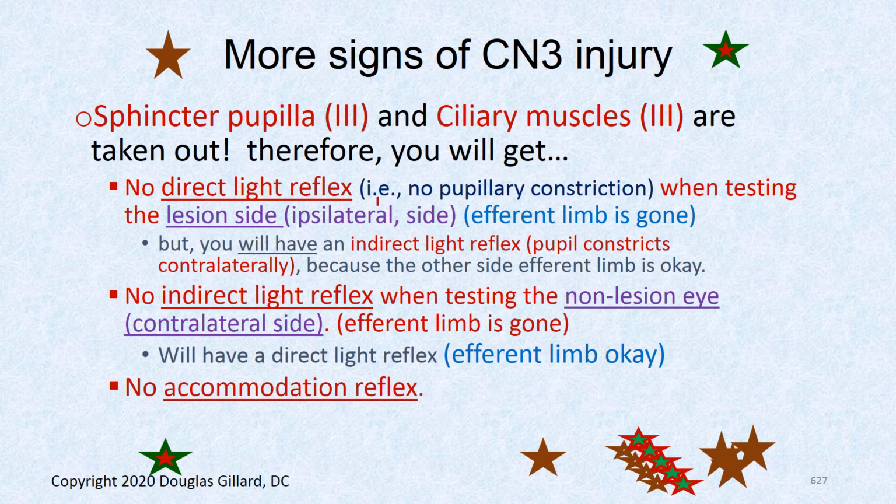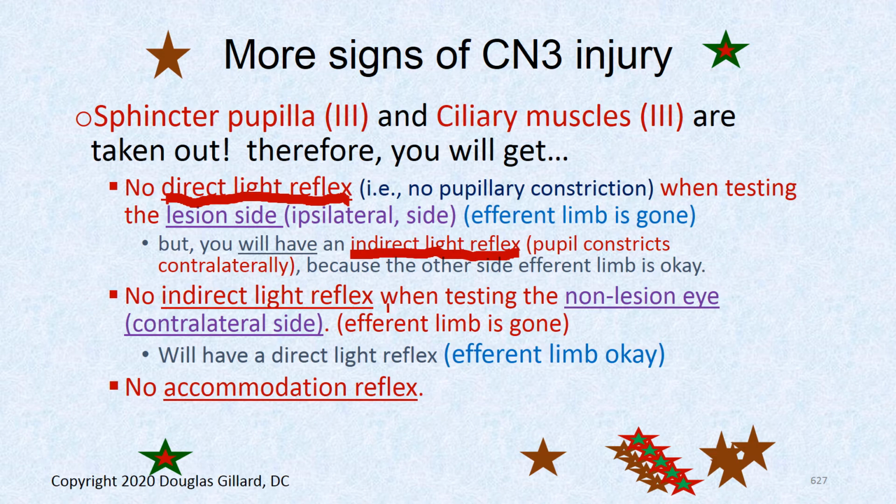However, what about the other side? The other side will be fine, right? The contralateral side will be fine. So you'll have an indirect light reflex. Right? So your left eye will be functioning okay with regard to the indirect light reflex, but you'll have no direct light reflex on the same side of the lesion. Got it?